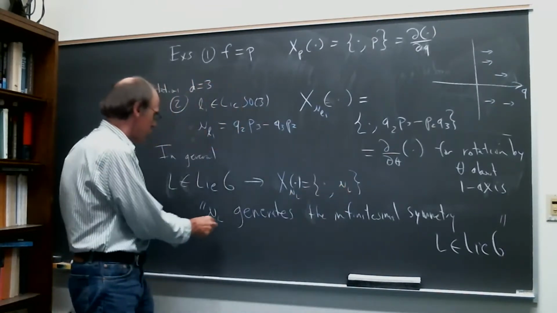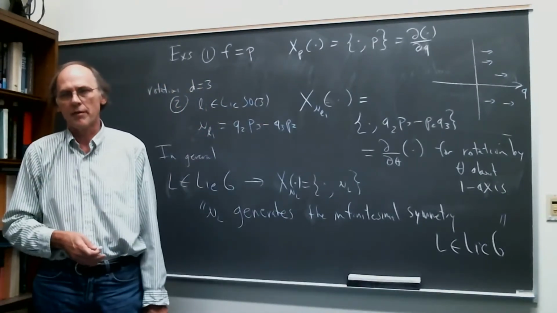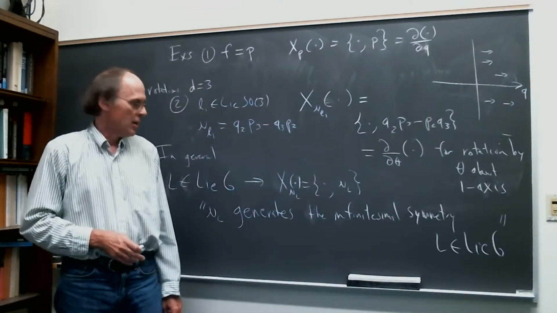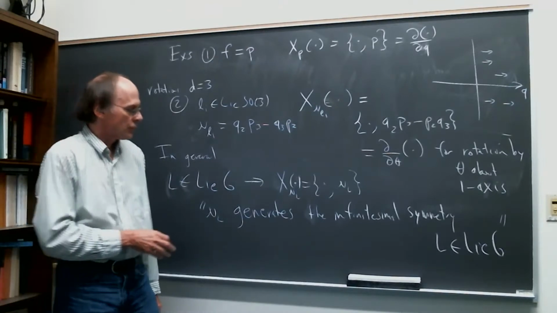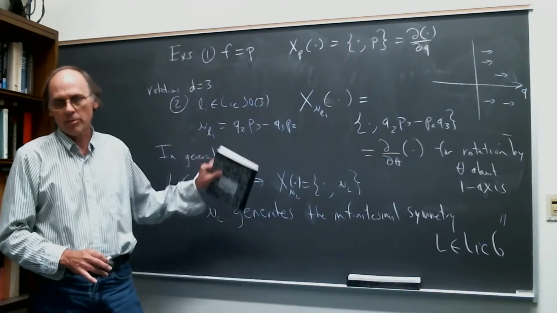And so this function, the so-called moment map, is the infinitesimal generator of the symmetry. And so this is a very nice way of thinking about what happens in Hamiltonian mechanics.